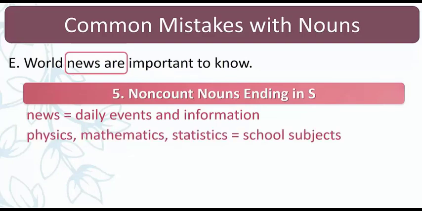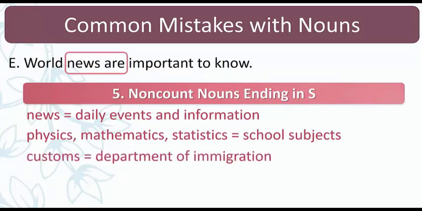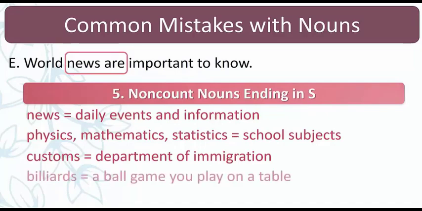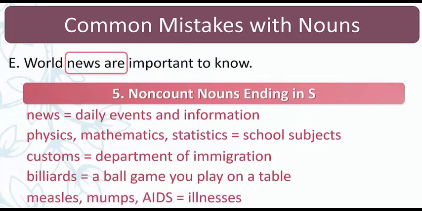School subjects like physics, mathematics, statistics. Customs, meaning a Department of Immigration. They're the ones who ask you, "Do you have anything to declare?" when you arrive in a new country. Billiards is a type of ball game you play on a table. Several illnesses end in S, like measles, mumps, and AIDS.